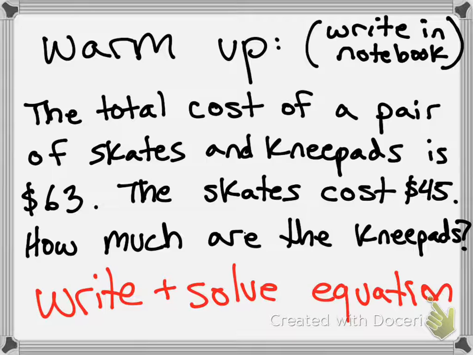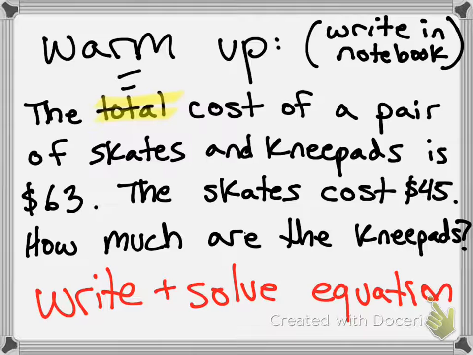We basically have one keyword in this sentence. What is our key word, Raphael? How much? That is a good guess, but what's our key word, Oswaldo? Total. When we see that word total, we know it means equals. So we're going to have an equal sign here.